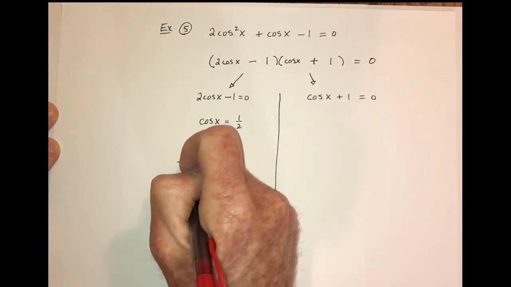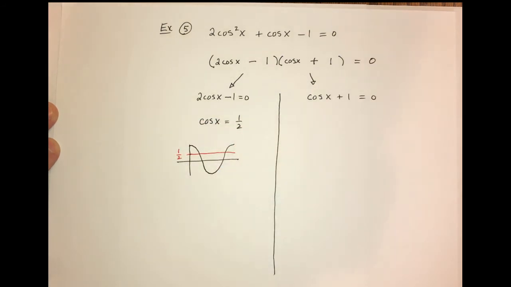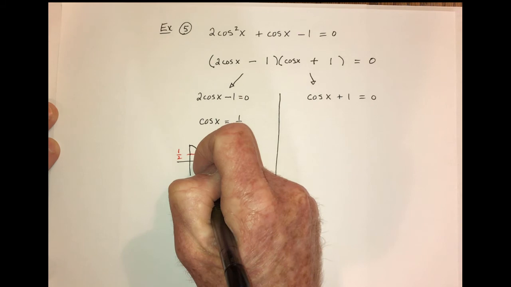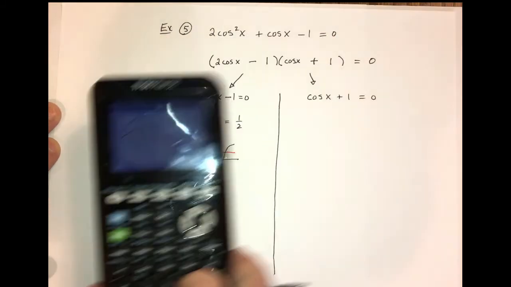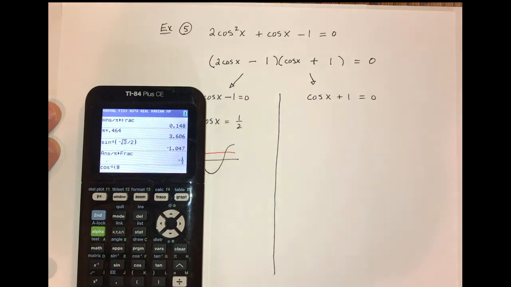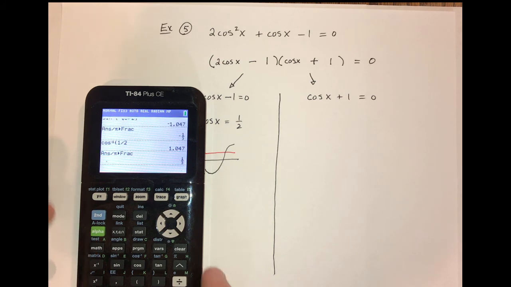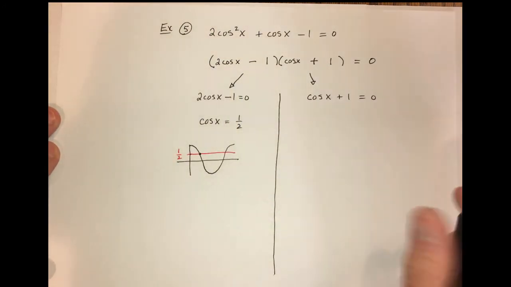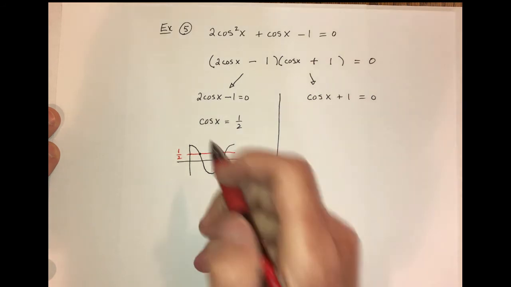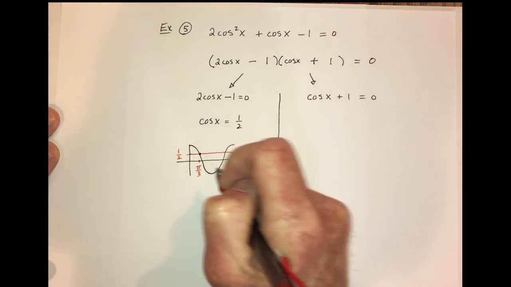The 1/2 would be right here. When you do cosine inverse of 1/2, divide that by pi, ask for the fraction, that's pi over 3. So this solution is at pi over 3.